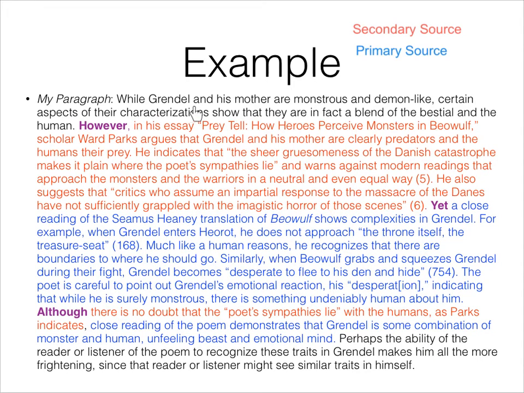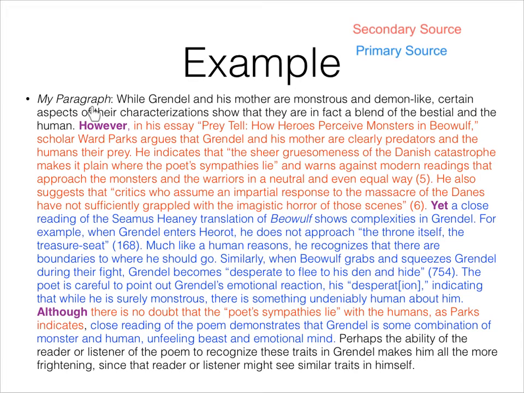So I am going to acknowledge that Grendel and his mother are monstrous and demon-like, I see in the secondary source. However, and there's kind of my transition word, right, that "while," aspects of their characterization show that they're, in fact, this blend of the bestial and the human. So indicating to my reader that even though the secondary source says this, I see this in the primary source. I see the blend, and that's what I'm proving.